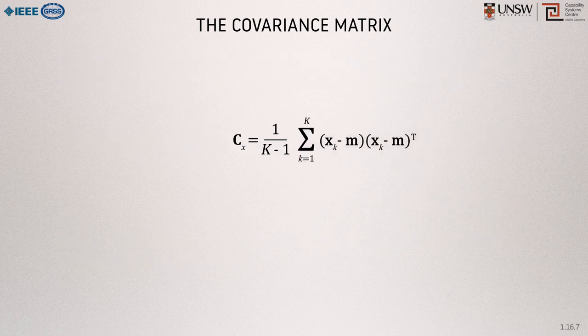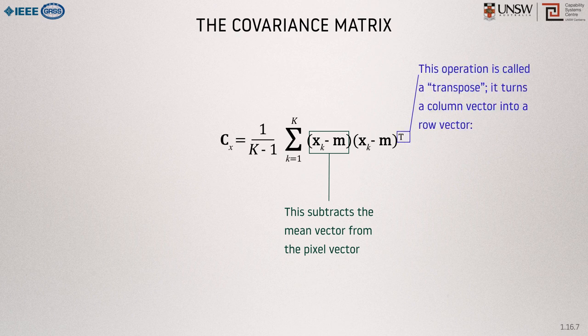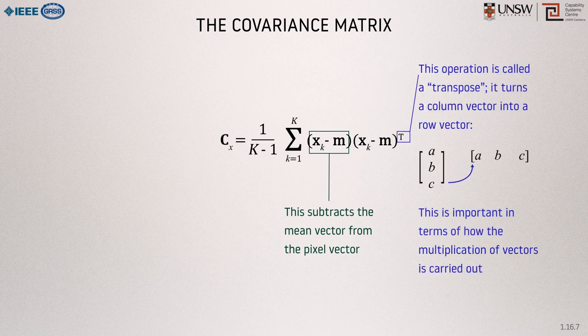First, we subtract the mean vector from each pixel vector, as shown in the center of this slide, just like we take the difference from the mean in a one-dimensional variance calculation. We then need to square the mean difference, which is the role of the right-hand term, but it is turned into a row vector by the transpose operation shown. In the next slide, we will see what that does to the product.